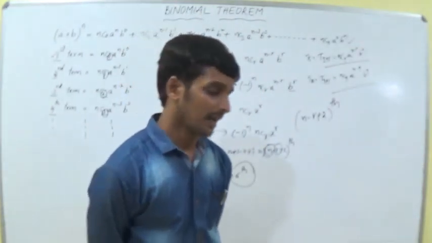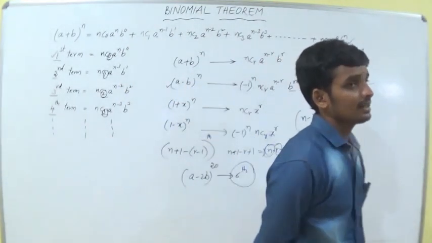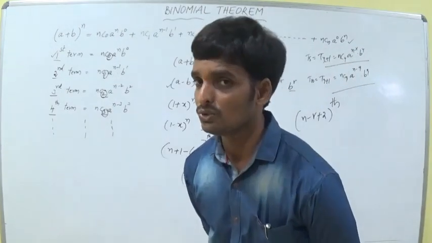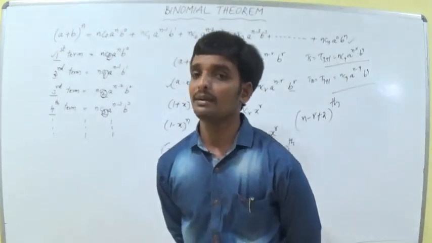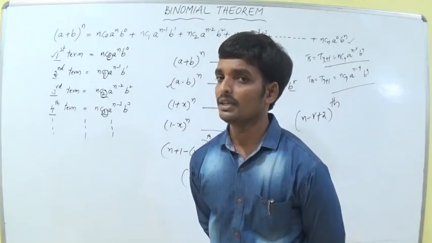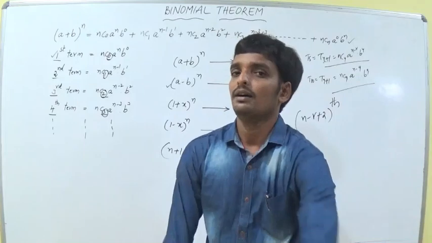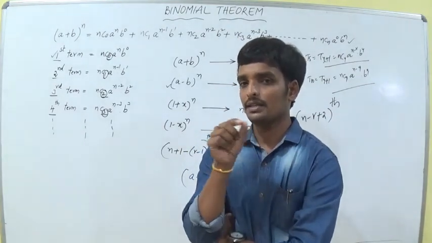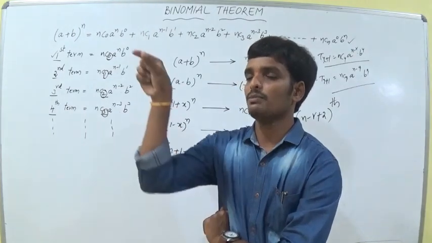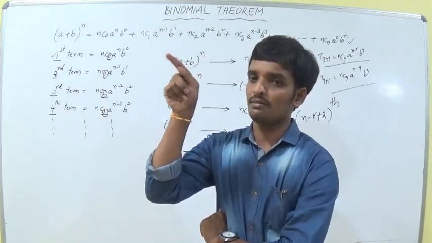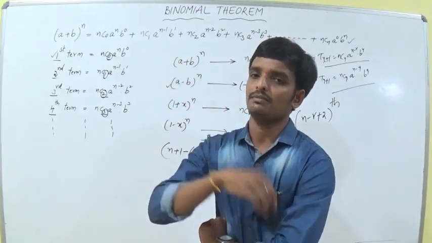For example, the rth term is T r minus 1, nC r minus 1 into a to the power of n minus r plus 1 into b power r minus 1. If it has r, the suffix is r minus 1, and the same way b power r minus 1.